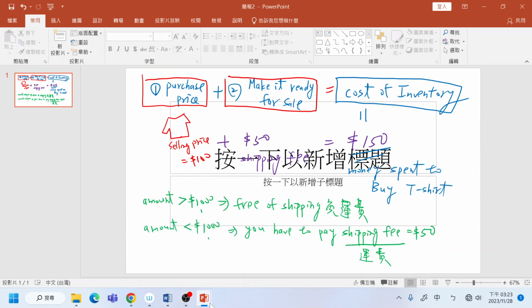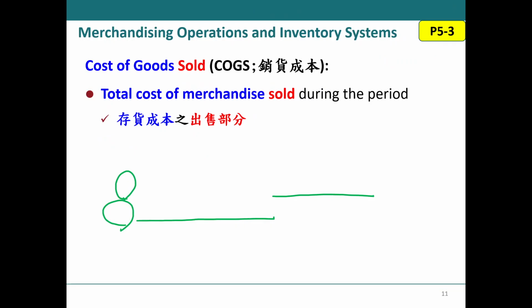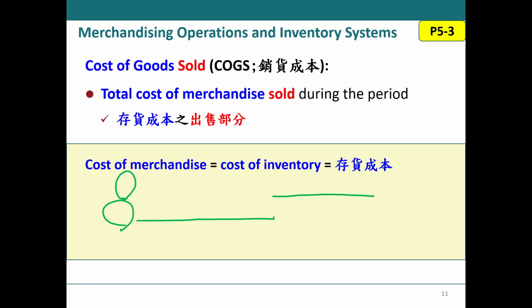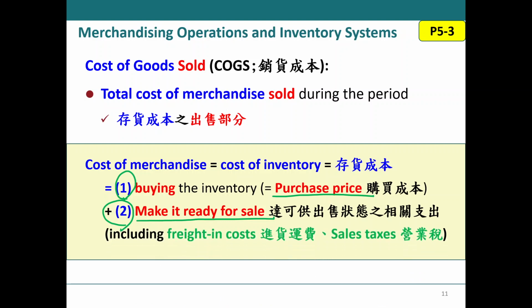That's why here we told you, when we try to determine cost of inventory, it is 1 plus 2. For the 2, make it ready for sale, including shipping fee, 运费. Freighting cost means shipping fee.